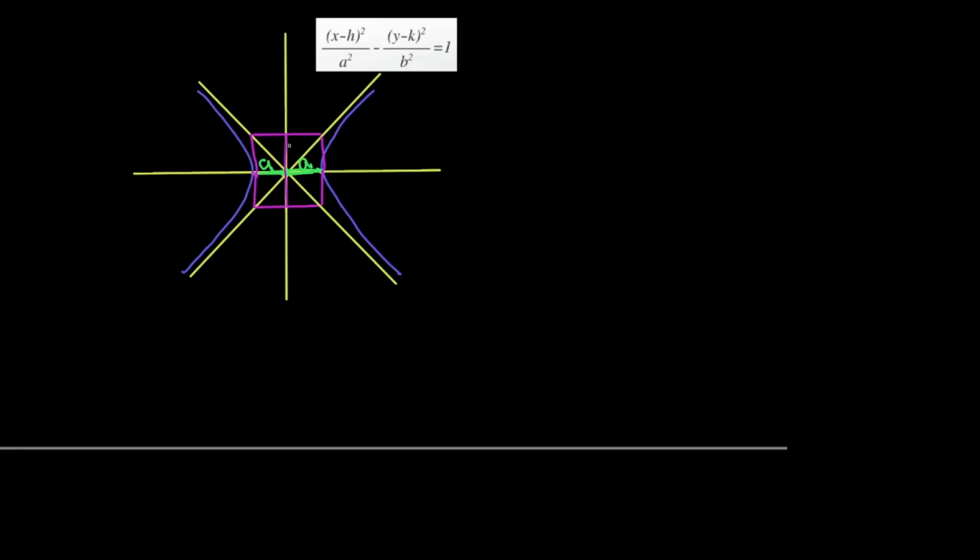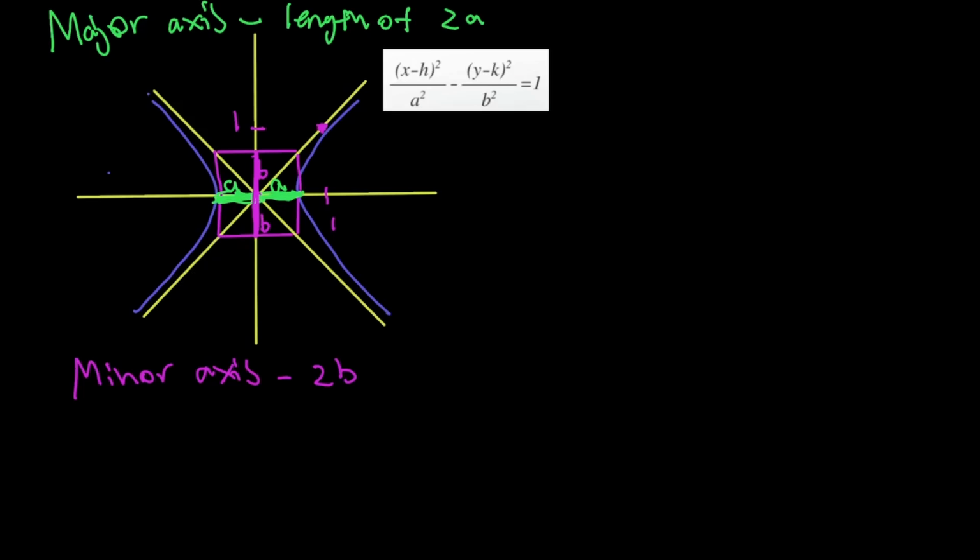So this would be B from here to here, and this would also be B from here to here. As for this H and K, they're very important in determining key points in the hyperbola. For example, the point for the center is just (H, K).